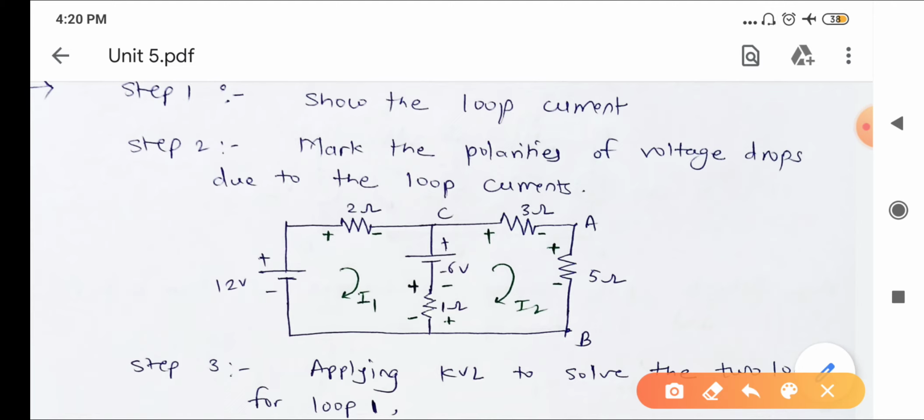So this is minus 3 into I2 minus 5 into I2, and the next will be minus in bracket I2 minus I1. Now I2 is the main current, so it is minus I2 in bracket I2 minus I1 plus 6 is equal to 0. So this will be our equation 2.